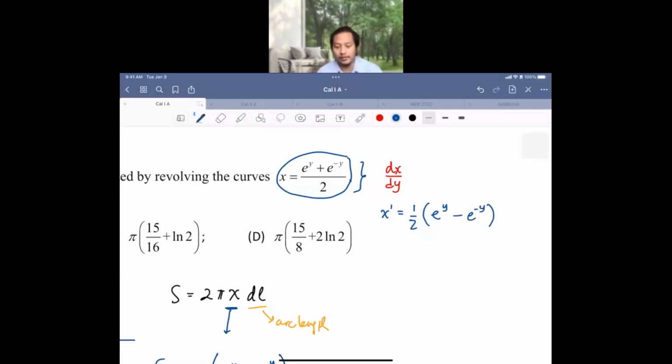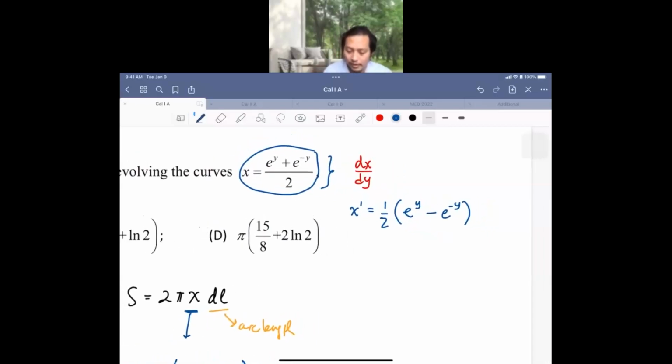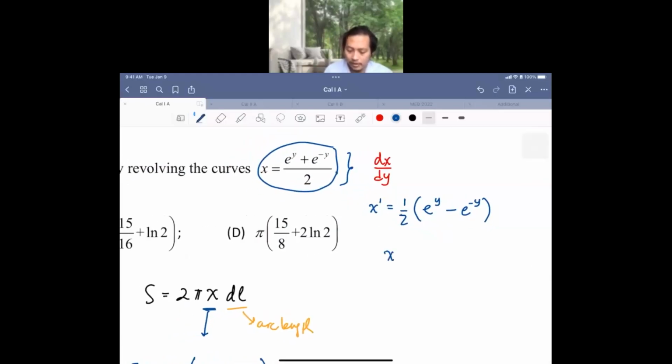This is the first derivative. Then we take dx over dy squared and plus 1. So this will be (e^y minus e^negative y) over 2, squared.